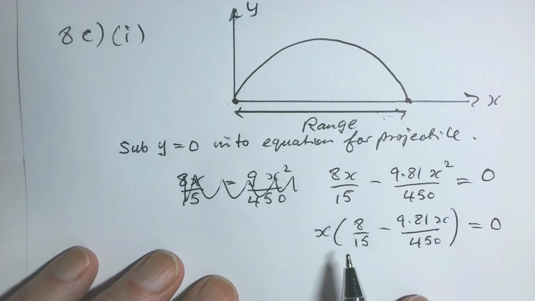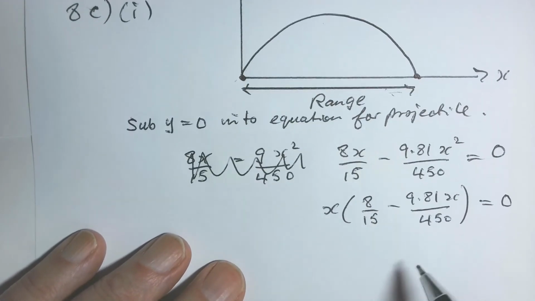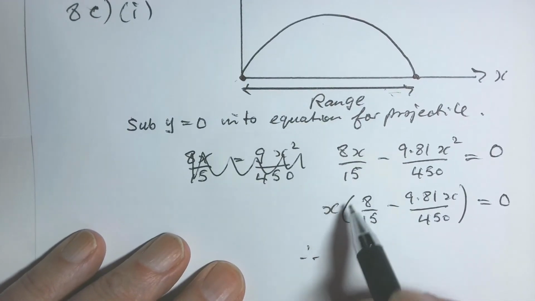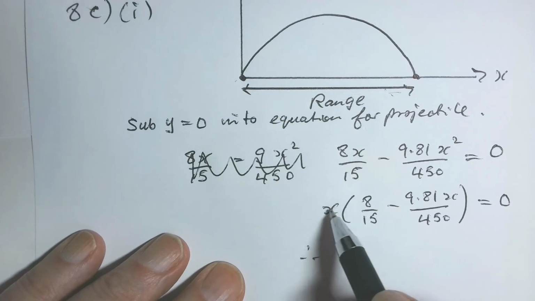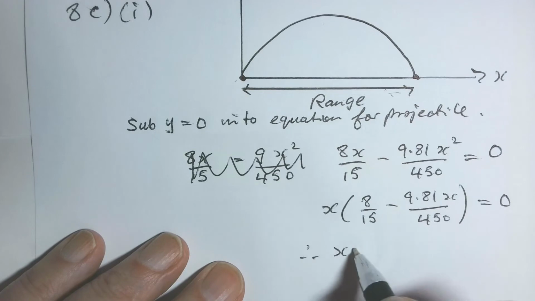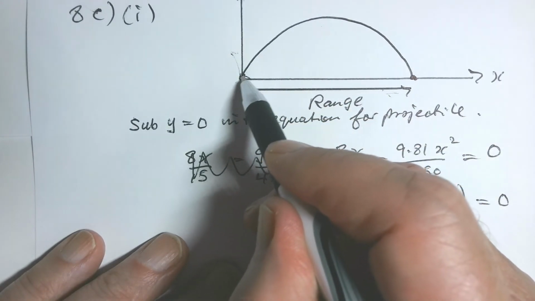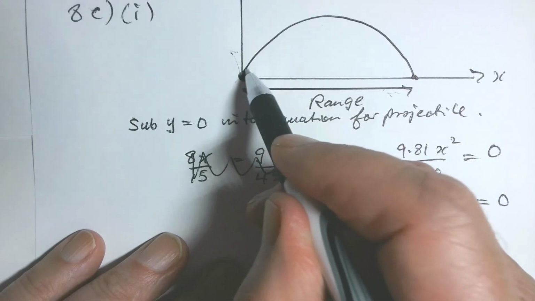Now the reason I've done that is that I'm going to get two solutions. I get x equals 0, because if x was 0, then 0 times anything on the left hand side is going to produce 0. So x equals 0, which is this solution, but it's not equal to the range.